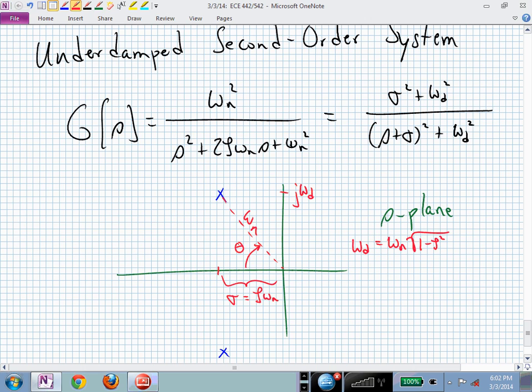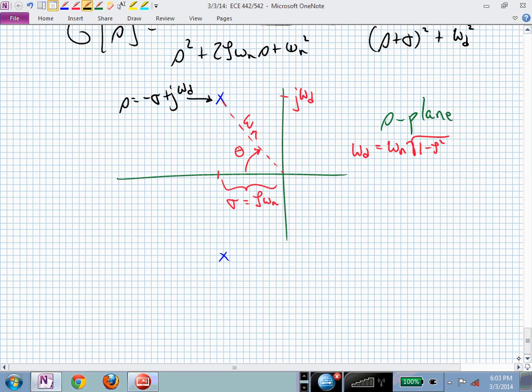So when I start talking in the z-plane about angles theta, I better subscript d. It's not the same as this angle theta in the continuous time S-plane. So this pole is at a value minus sigma plus j omega sub d.